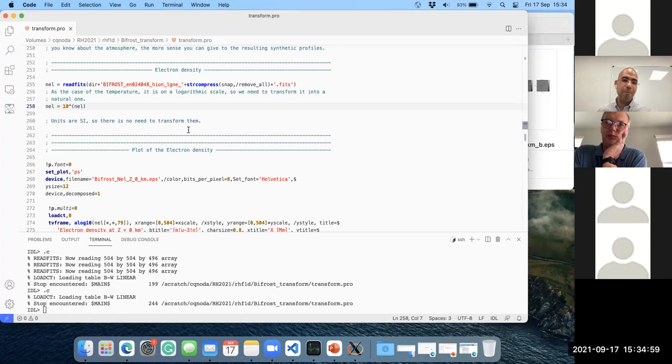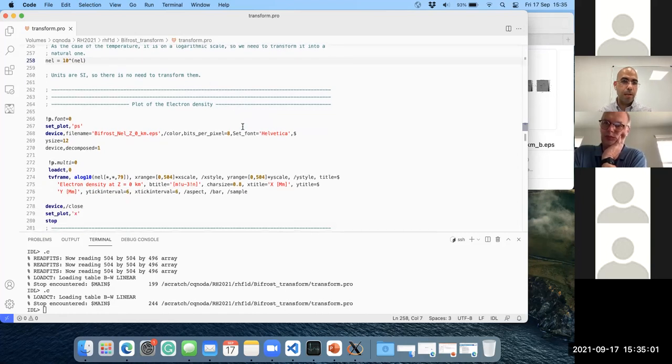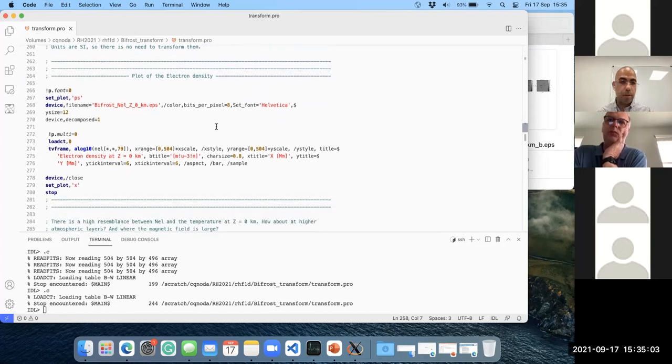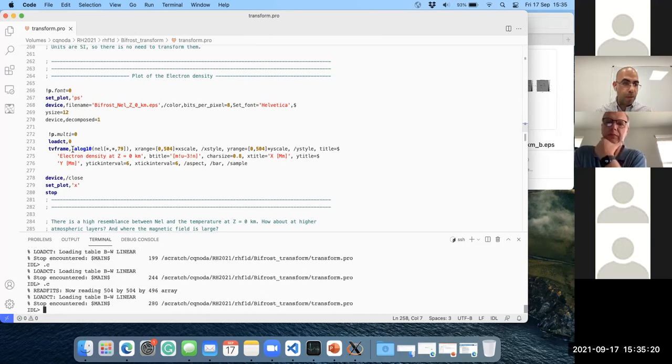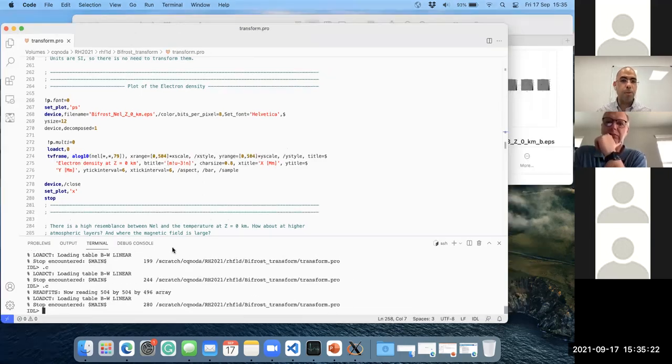Okay. So then also let's plot the electron density, just because, for example, in my case, I'm not used to having electron density as a parameter that I work with. So we can just plot it and see how it looks in the simulation. In this case, we continue, and then it's 280. Okay.